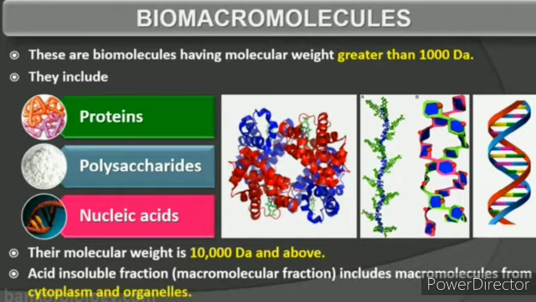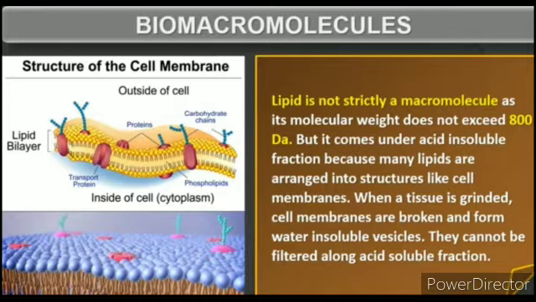Acid insoluble fraction, the macromolecular fraction, includes macromolecules from cytoplasm and organelles. Lipids is not strictly a macromolecule as its molecular weight does not exceed 800 Dalton, but it comes under the acid insoluble fraction because many lipids are arranged into structures like cell membranes.